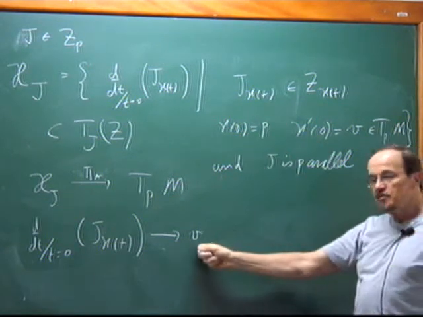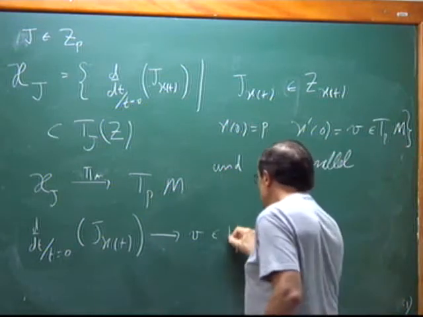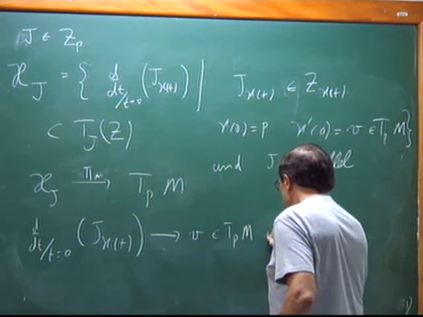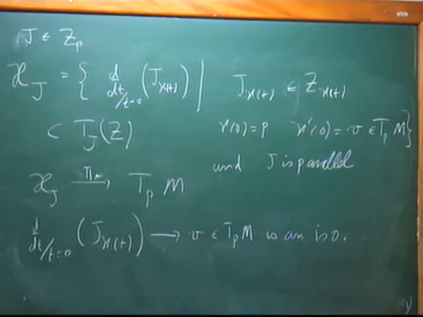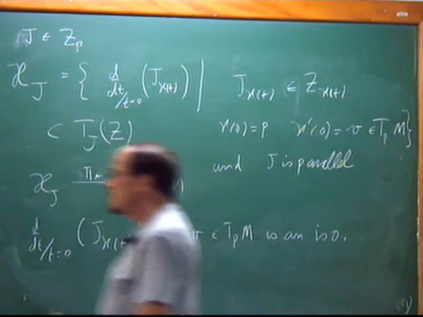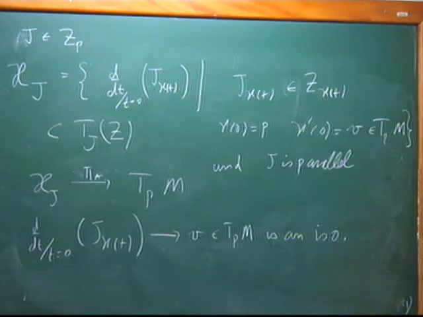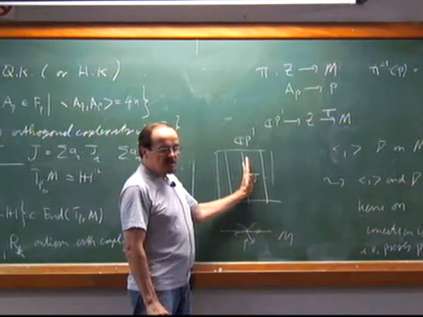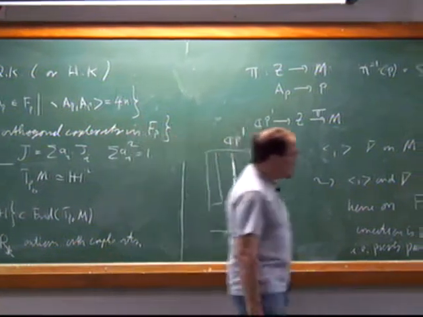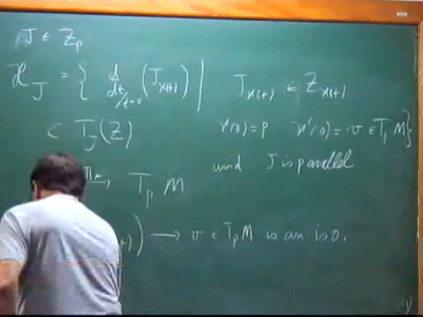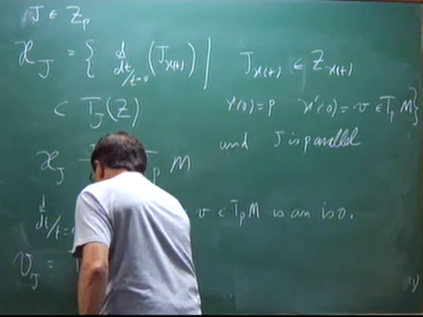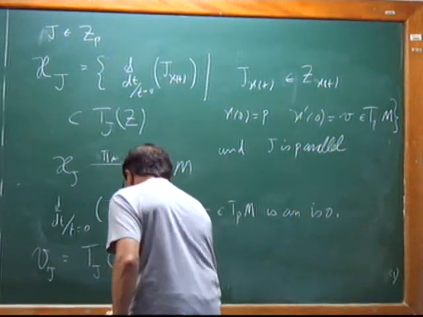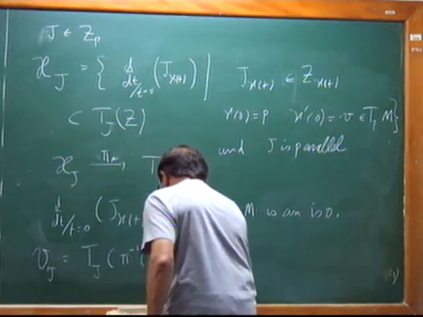Its derivative is just V. And this is an isomorphism. Okay. And that's complementary to this vector space here, where I don't change the foot point at all and only stay in the fiber. So that's called the vertical space. So the vertical space at J is the space tangent to the fiber of this bundle.